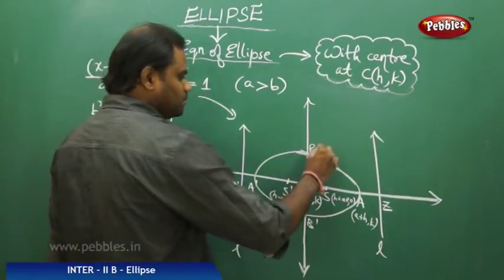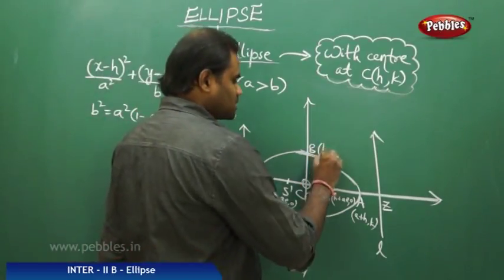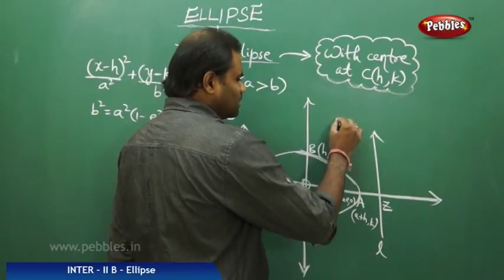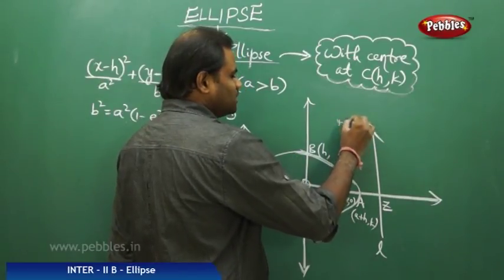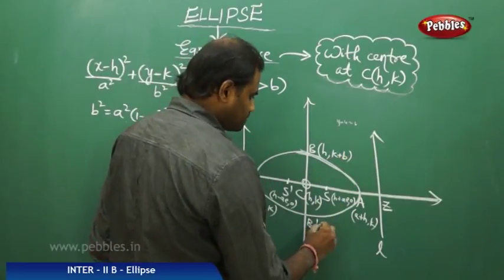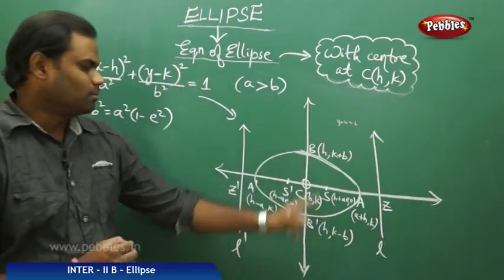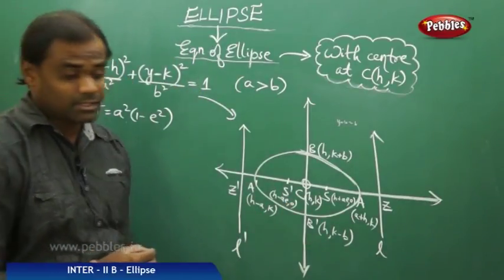Now here B is (0, b), therefore the 0 becomes h, and y minus k equals b gives k plus b, so we get (h, k plus b) and (h, k minus b) for B and B dash.